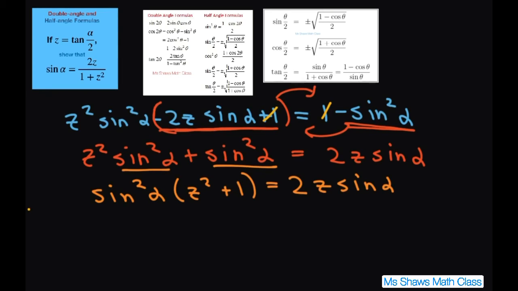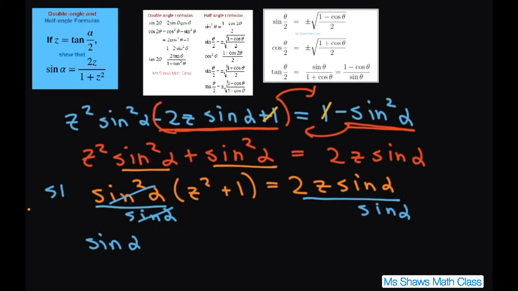Now we can divide both sides by sine of alpha. This gives me sine of alpha, because this goes into it one time, sine of alpha times z squared plus 1 equals 2z.